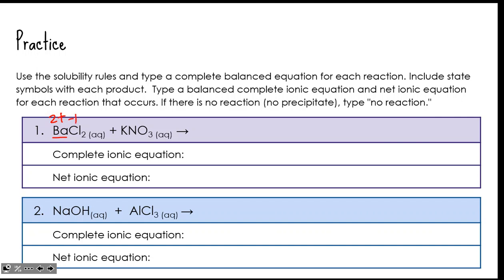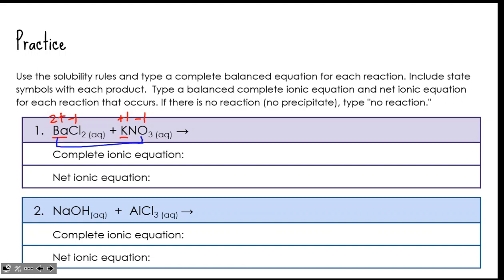Here we go. Yes, -1 there. Potassium. +1. And nitrate. Off that lovely polyatomic chart. It's -1. Good.